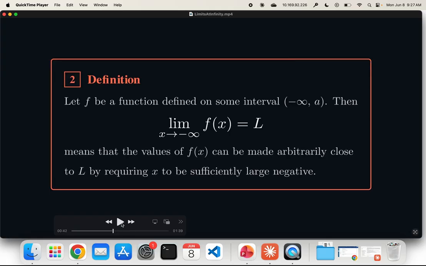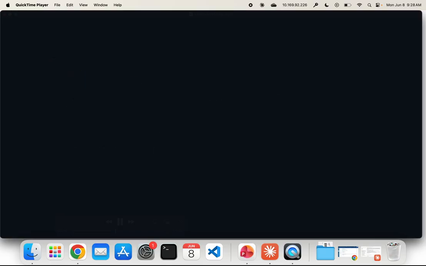But now, here's the other side of that: what if x approaches negative infinity? This is similar, it's just going to infinity towards the left side of the graph. If that limit is L, then this is basically how you want to visualize it.